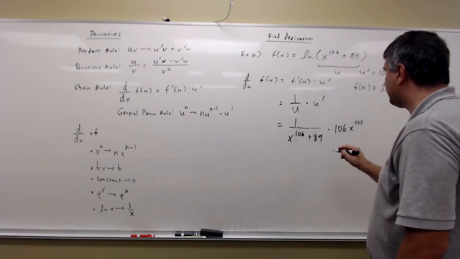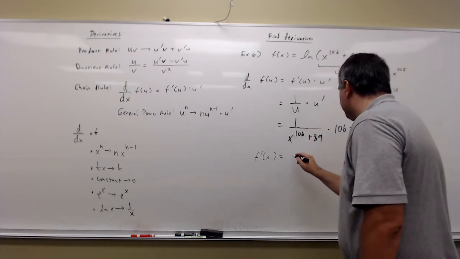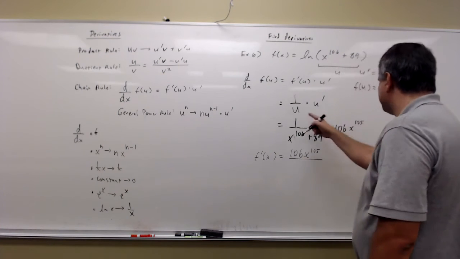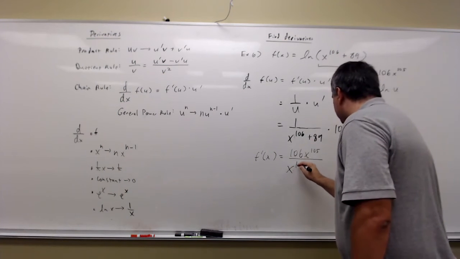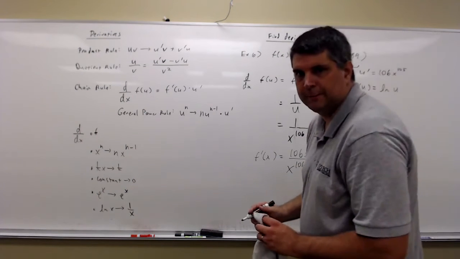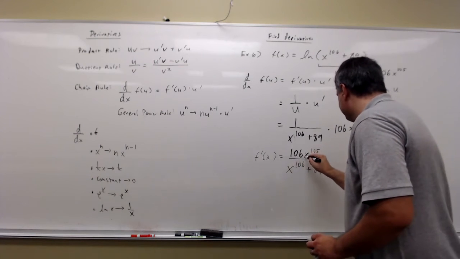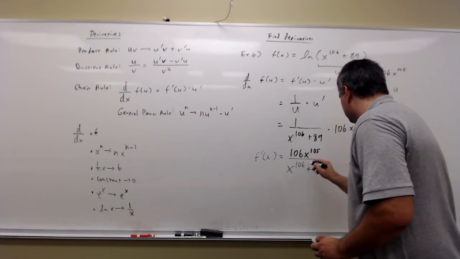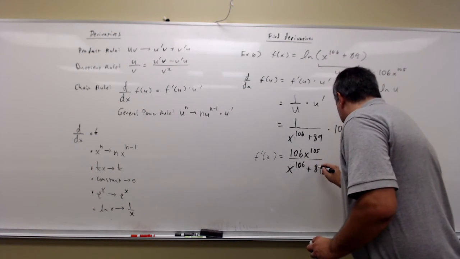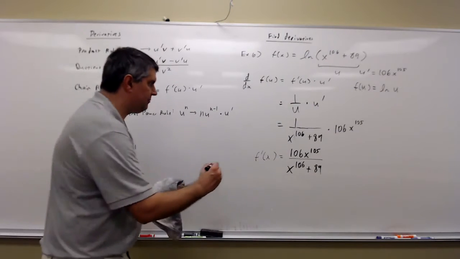So f prime of x is simply this times 1 over your original argument. All right, and that is f prime of x.